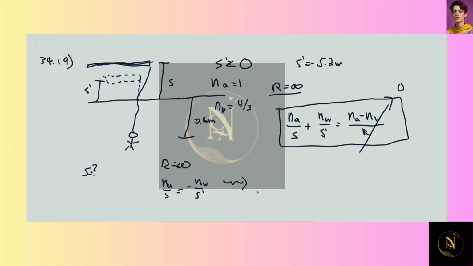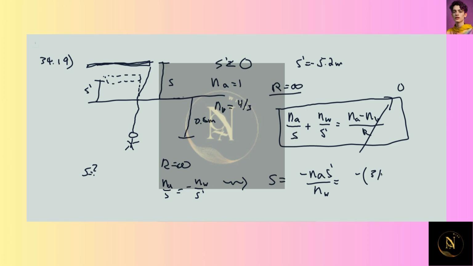We can then solve this, and we should see that S equals negative n_a S prime over n_w. So now we can just easily plug that in. This is negative 4/3. Oops, sorry, 4/3 is n_w, but n_w is on the bottom, right? So we're going to have to flip that.